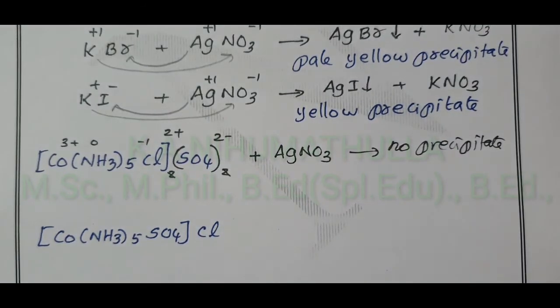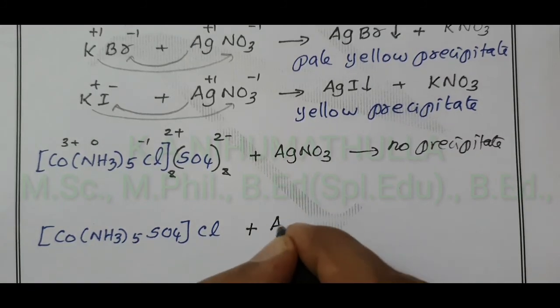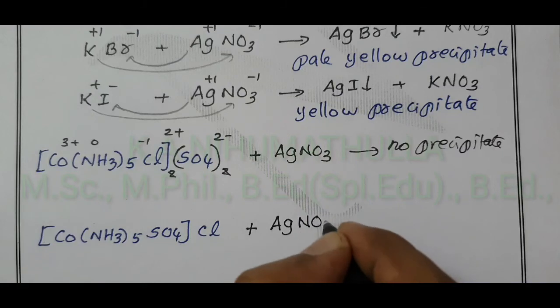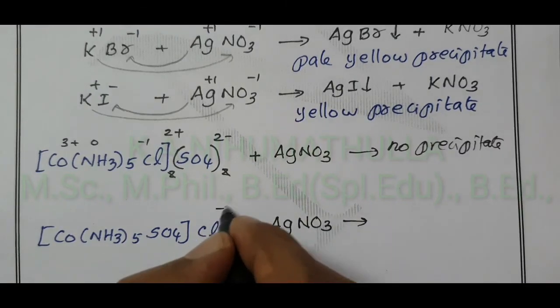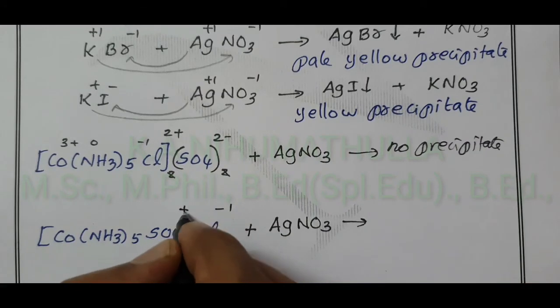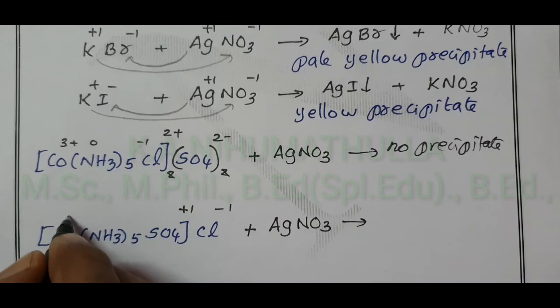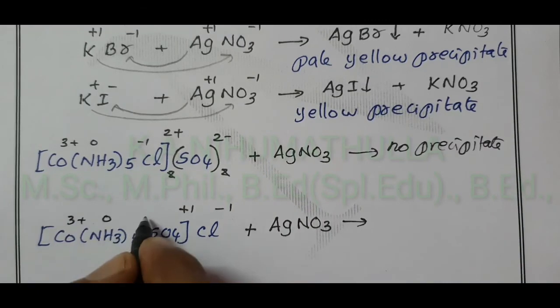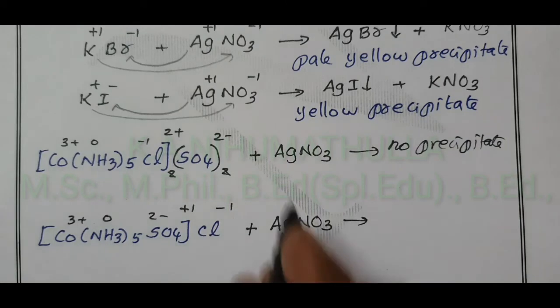And the second complex, when treated with silver nitrate AgNO3 solution, what happens? Chlorine is minus 1, therefore the charge of the complex should be plus 1. How do you get plus 1? Cobalt is a 3 plus ion, ammine 0, sulfate is a 2 minus ion. When you add these, you get plus 1.